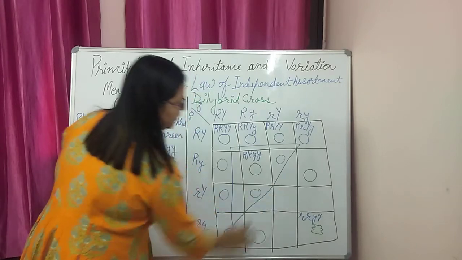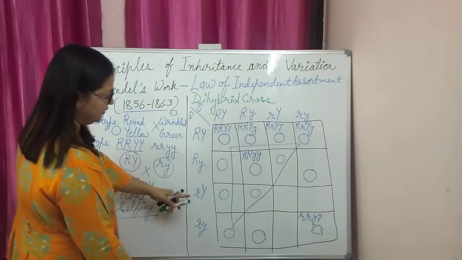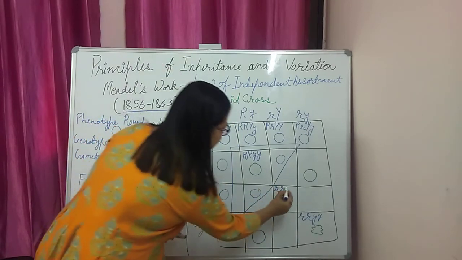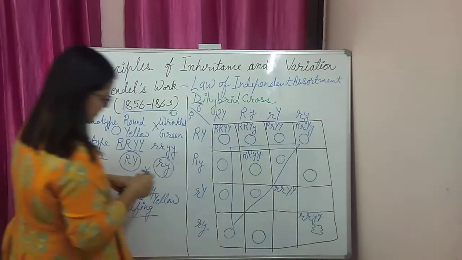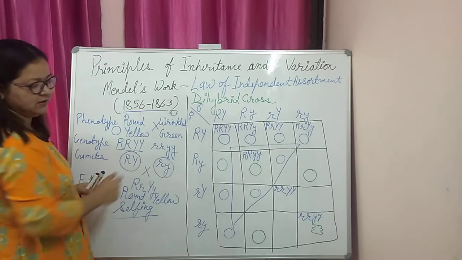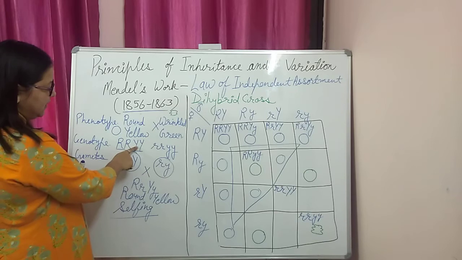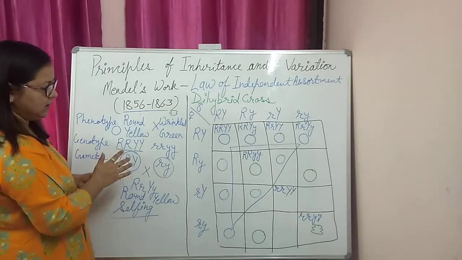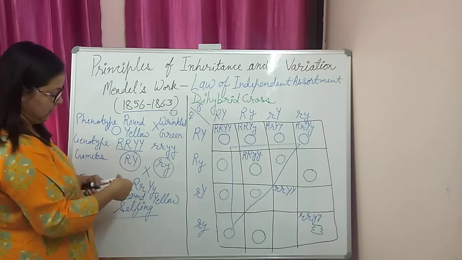Now come to the next. I will take the example of this square. Write the genotype small r, then capital Y. Now small r is meant for wrinkled and capital Y for the yellow color. Okay, so here wrinkled and yellow color.